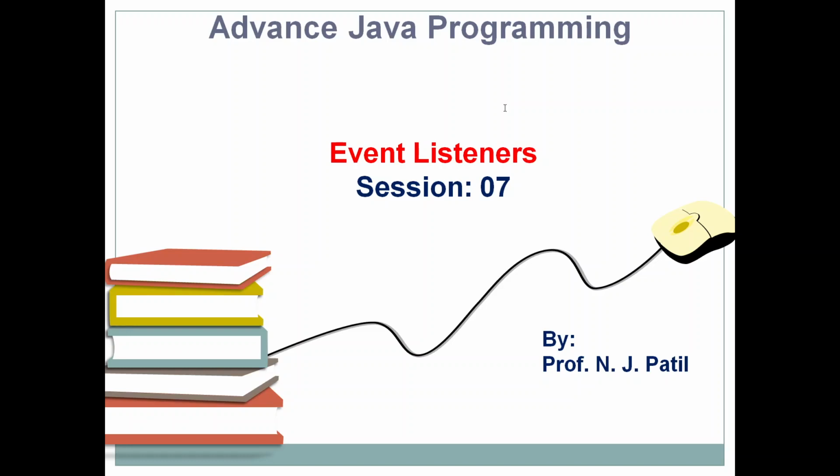If you're handling a key event, then your listener class should inherit the KeyListener interface. For every type of event class we have a type of listener interface as well, and these listener interfaces we will see in today's session. So let's start.